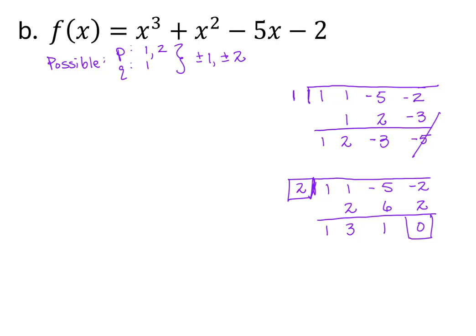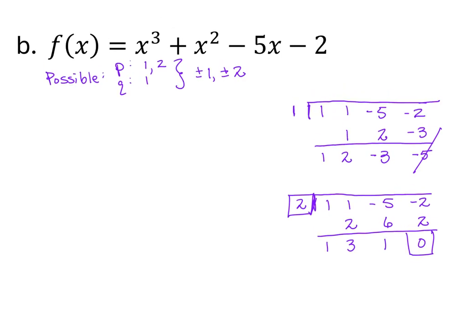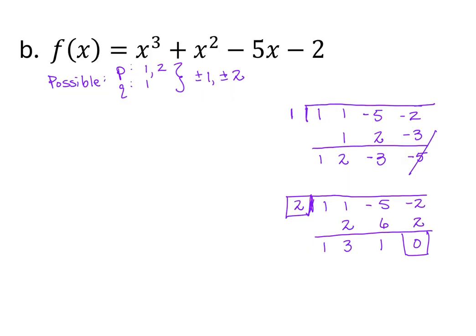is my first one. All right, so if we go ahead and write this in factored form, what we have here is 0 equals, I'm going to just write this in factored form first. You don't necessarily have to do this.